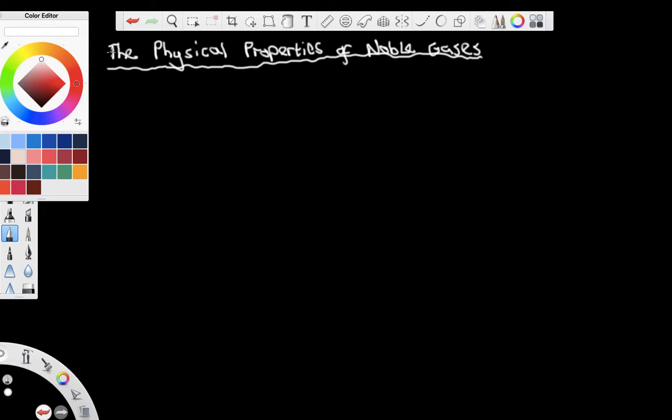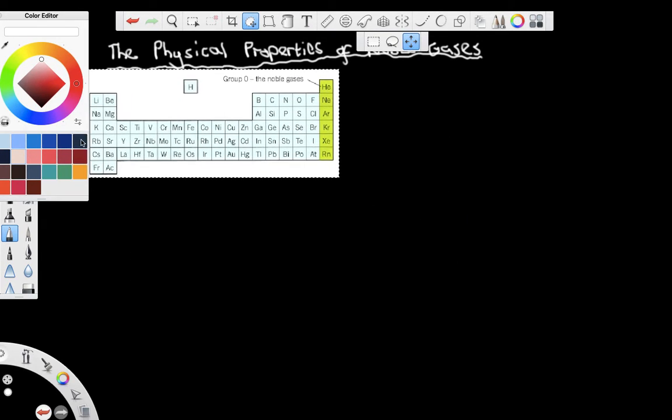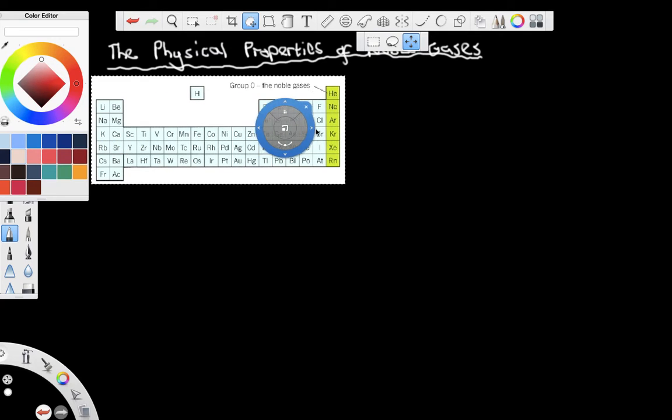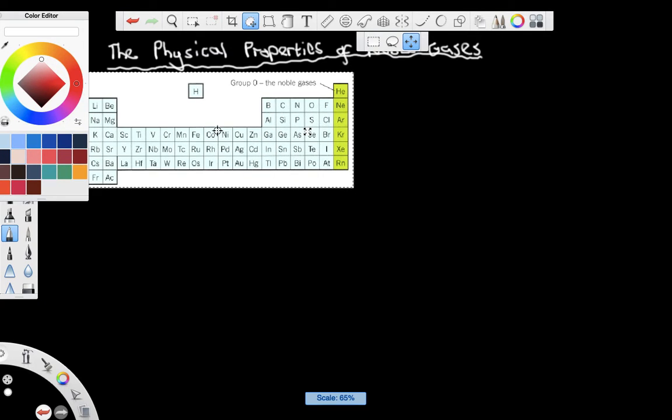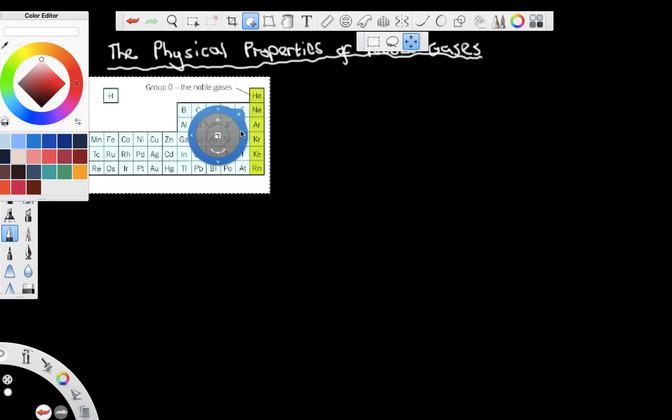And just for our reference, as we always do, I'm going to put a periodic table over here so that we can refer back to group 0. So, group 0 is helium, neon, argon, krypton, xenon, and radon.